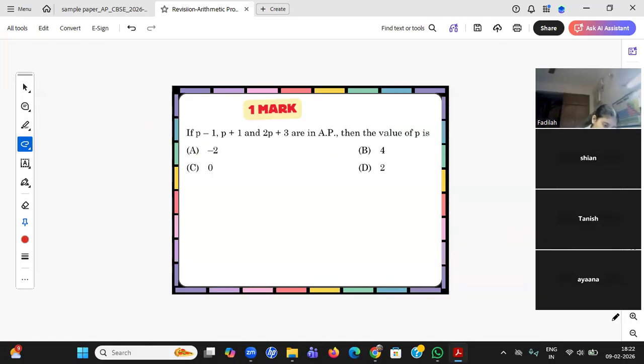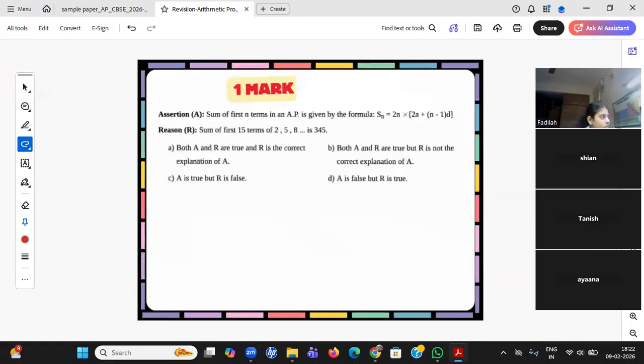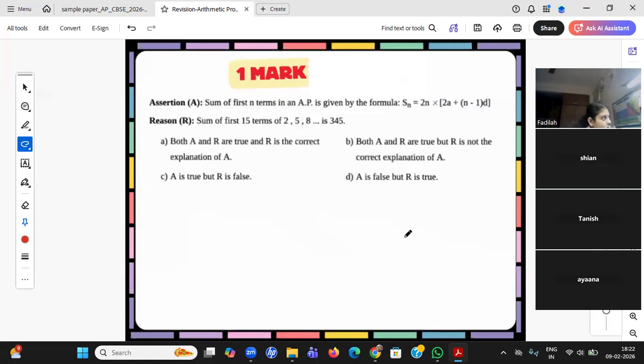Not required. Next question. Leave it, let's remove that easy question. Sum of first n numbers in AP is given by this formula. Sum of first 15 terms is this. Harshini, very good.